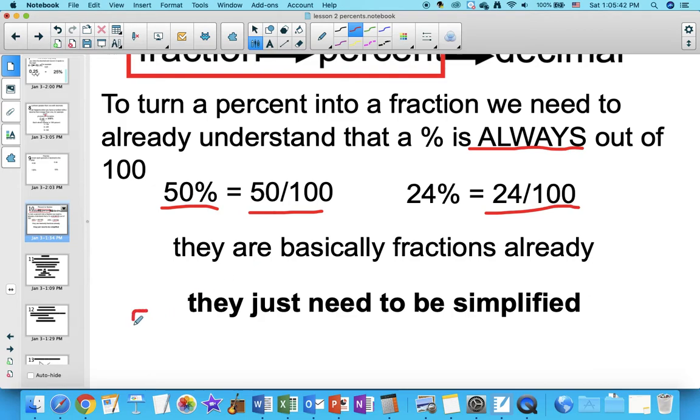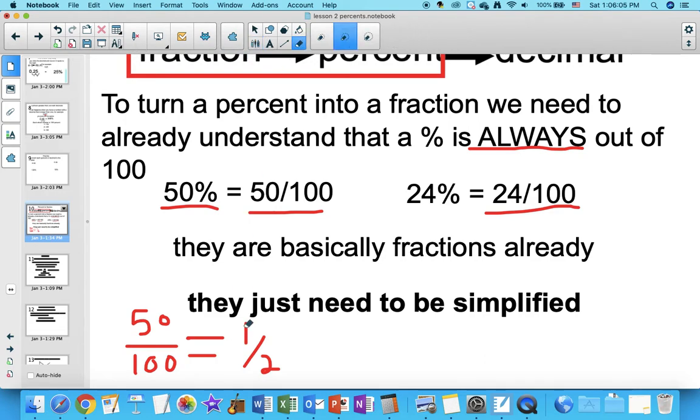So we have 50 out of 100, right? We already know from previous studies that 50 is half of 100, so we could just convert that into 1/2, right? Let's say we didn't know. Let's say we didn't pay attention in math class previously. Well, you're paying attention now. Instead, we can just simplify. We can divide top and bottom by 2.